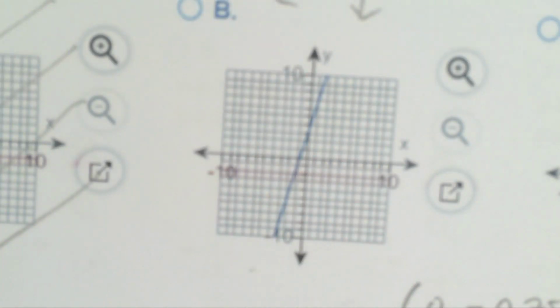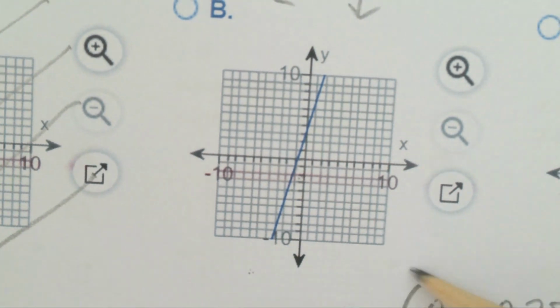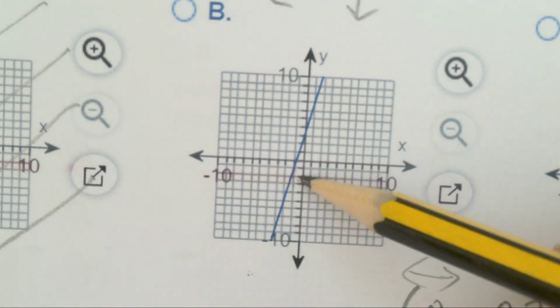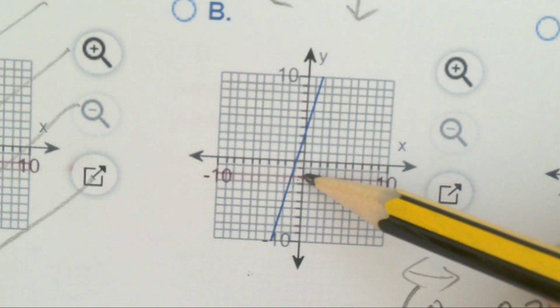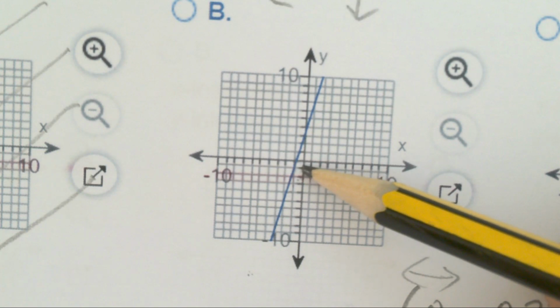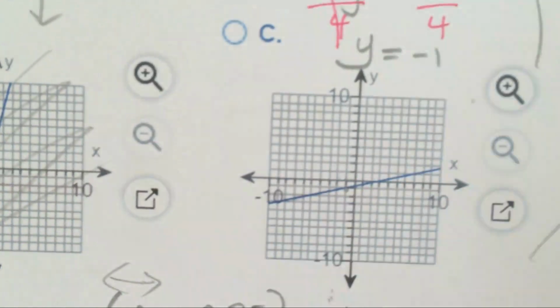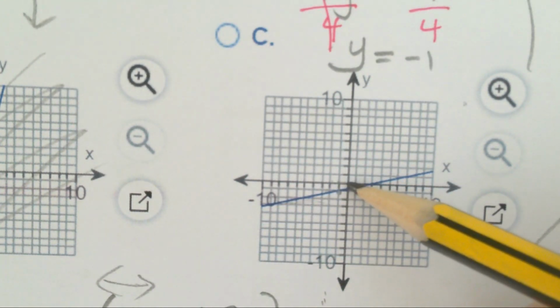Let me make it more clear. I have to go, don't go left and right, just go down almost 1. It's not this one, because when I go down, it's not on the line. So we know it's not B. Let's check C. It says don't go left and right, just go down almost 1.